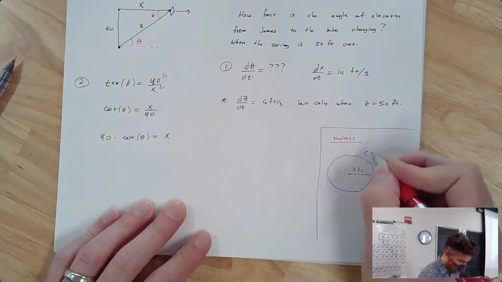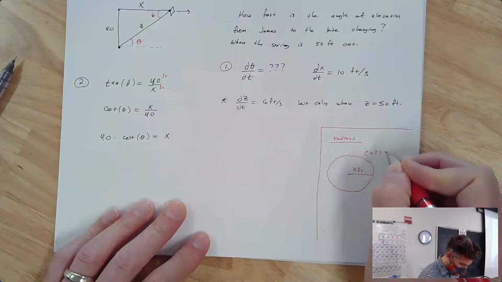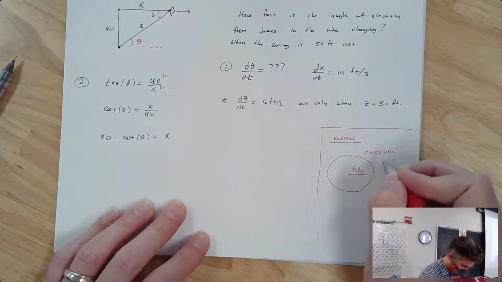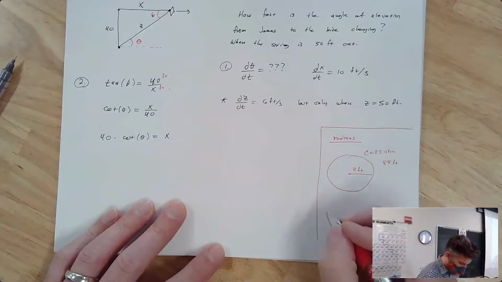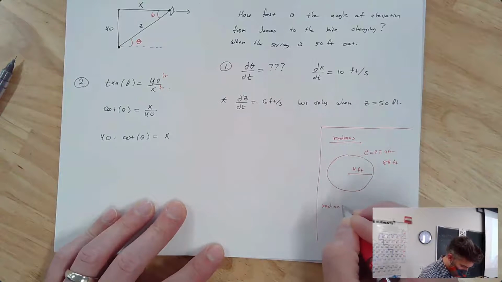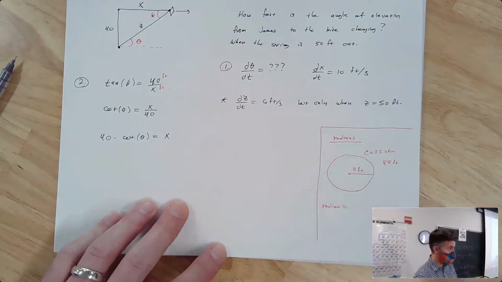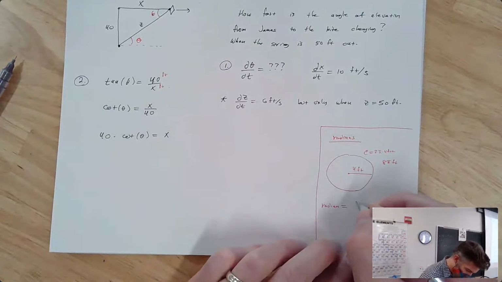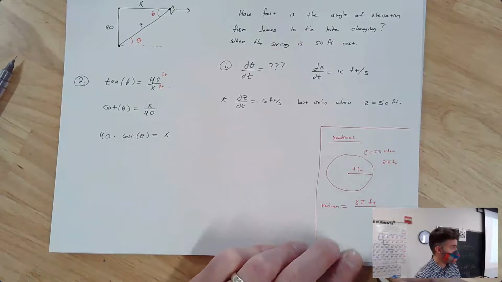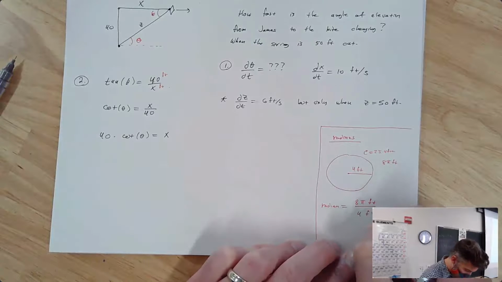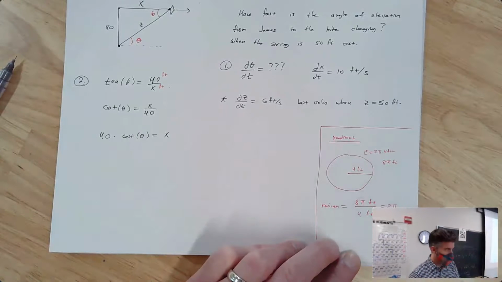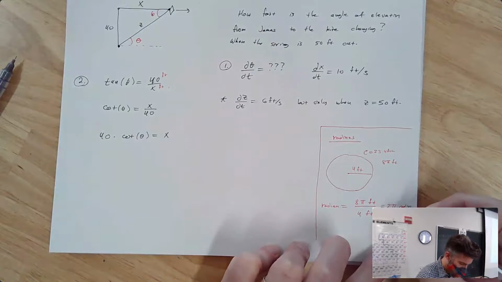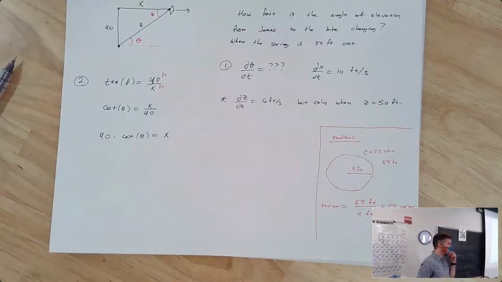The circumference is 2 pi times 4 feet, which is 8 pi feet. And the radian angle measure is literally the arc length, in this case the entire circumference, 8 pi feet, divided by the radius of the circle, which is 2 pi radians. So when you have this unit without dimension, it's radians.